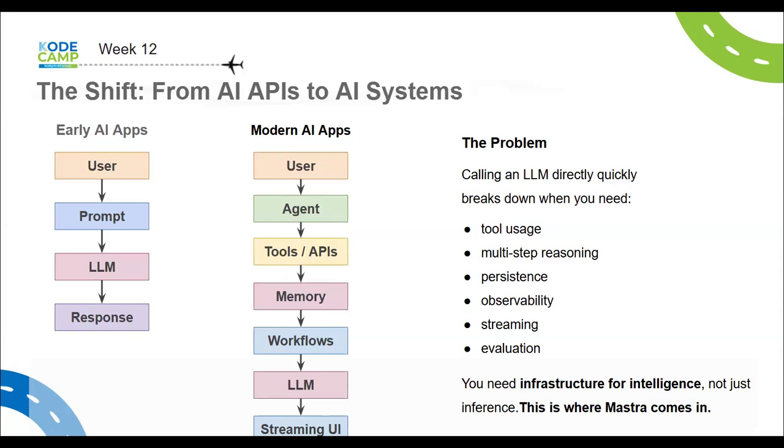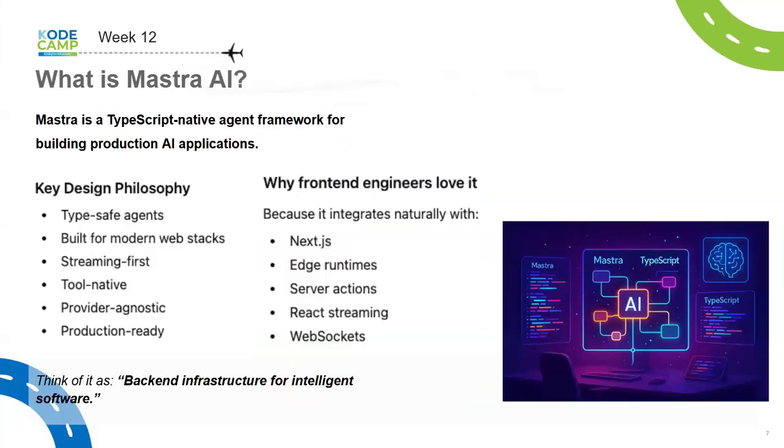So these days, you are not just in need of an LLM. You need an entire infrastructure, an entire harness. This is where frameworks like Mastra, of course, even LangChain, come in. There are lots more, right? So what is Mastra AI?